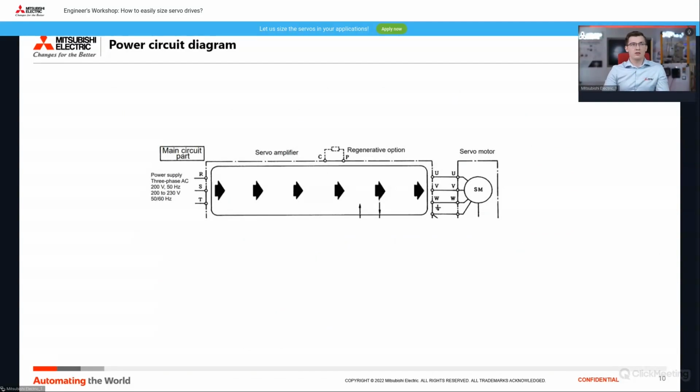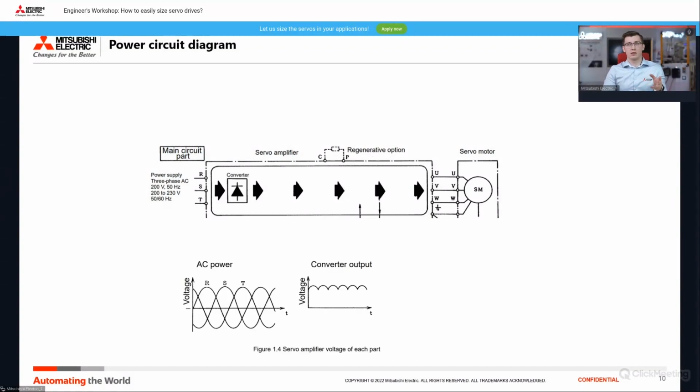On this slide, you can see on the schematic diagram how this power circuit will work. Firstly, from the left side, we are providing the voltage energy on one phase or three phase from the network. Firstly, we have the converter.